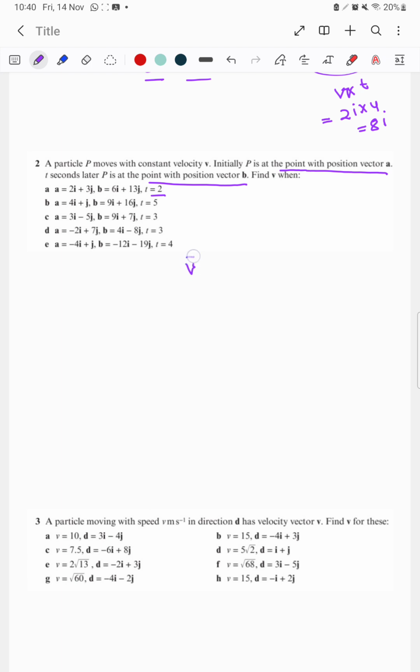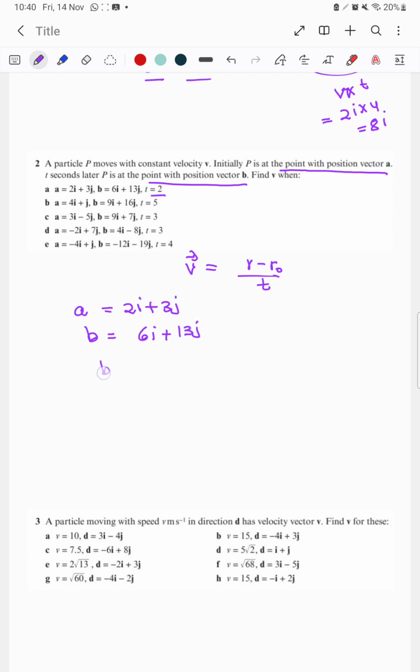Now what is the meaning of v? V is the velocity, that is the change in the position with respect to time, or the change in the displacement in that period of time. So here we have a, the initial point, which is 2i plus 3j, and b, the final position after t equal to 2 units of time, given as 6i plus 13j.